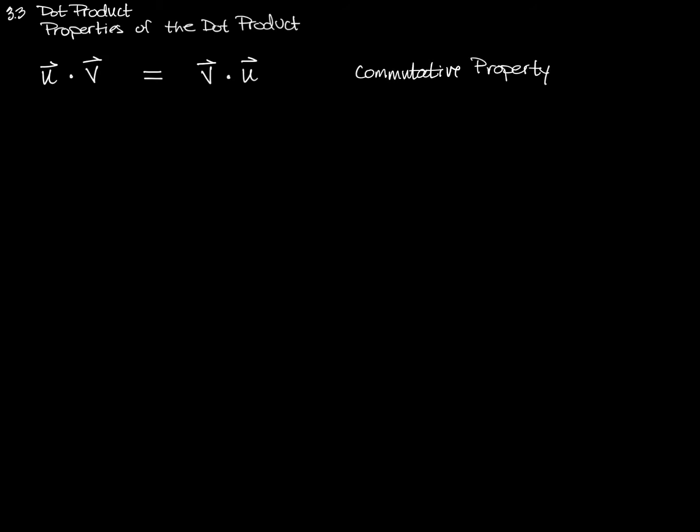The second one is the distributive property. If I take a vector u and I dot it with a sum of two vectors, say v and w, well, the order of operations here suggests that I should do this addition first. That's going to give me a vector, right? Two vectors added together give me a new vector.